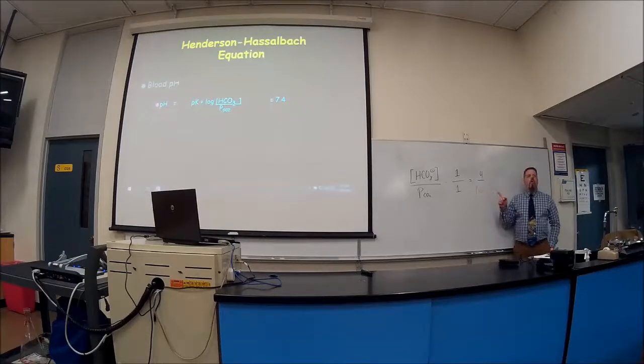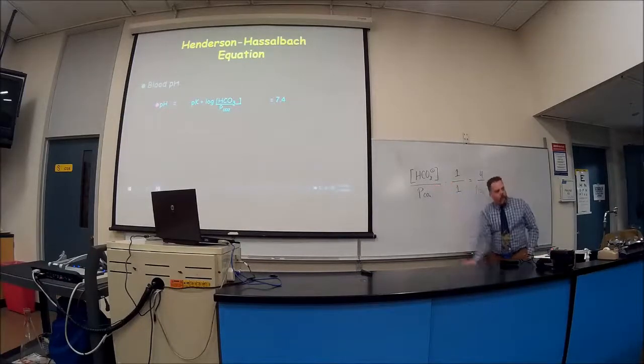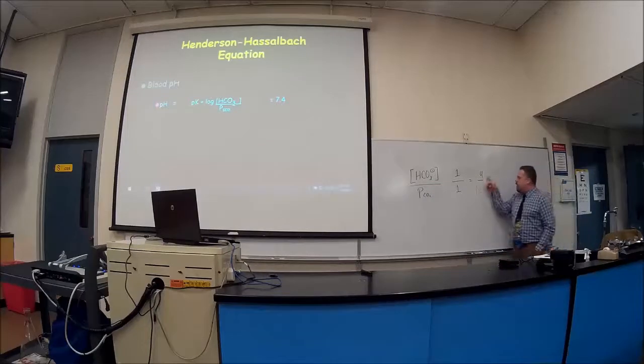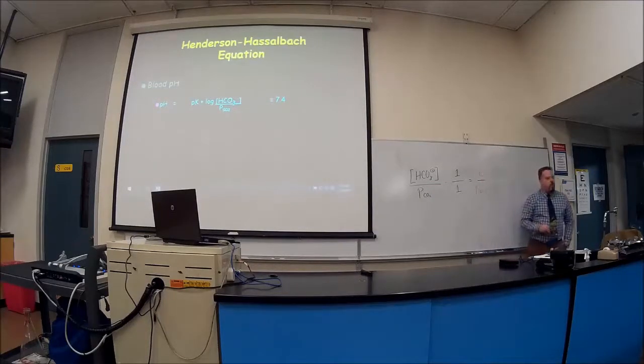Then what organ is going to compensate to get this to 10? The kidneys. Does that make sense? So if this goes up, then my kidneys have to reabsorb bicarbonate to get it back into the bloodstream so that we can actually increase this to 10. So that we become 1 again. Does that make sense? All right.